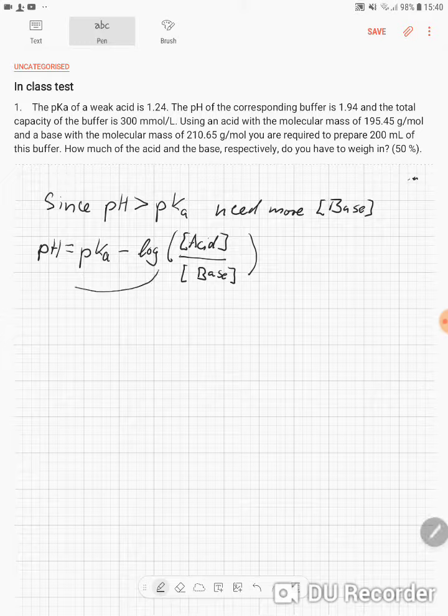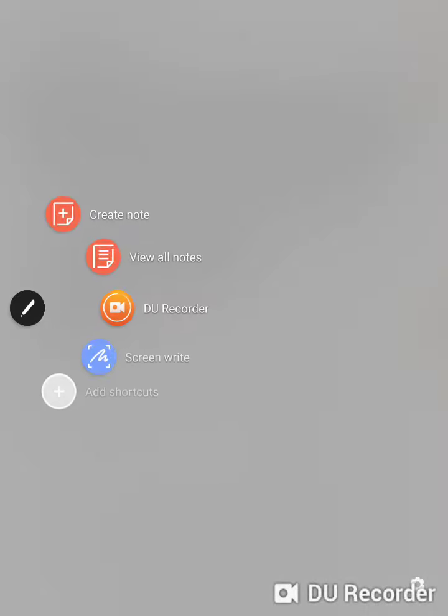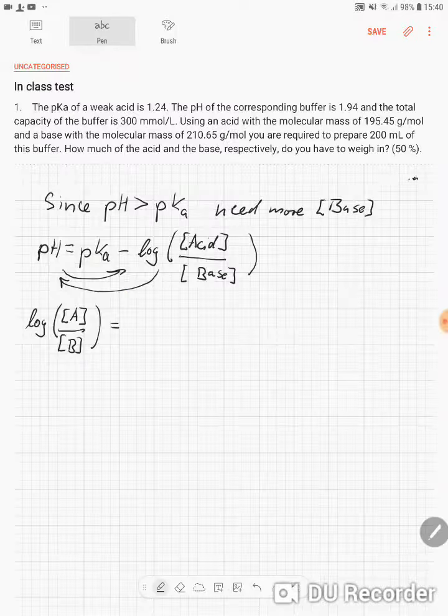So we bring the pH to this side, we get log acid over base, and I just abbreviate it like that, equals pKa minus pH, and we just plug in the numbers.